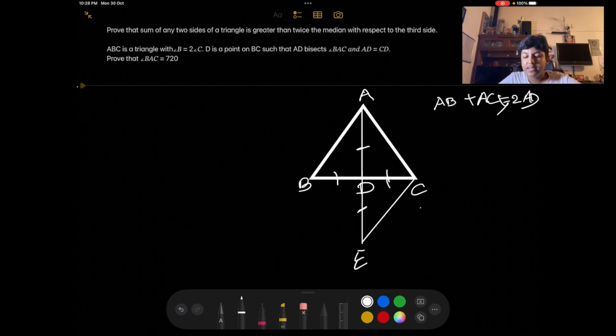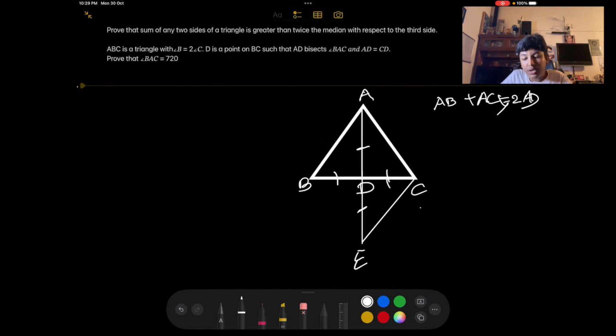Now how is that helping us? Right now we have to prove that DAB is congruent to DEC. Why that? Because we can then show EC is equal to AB. You might be asking why we have to show EC is equal to AB.